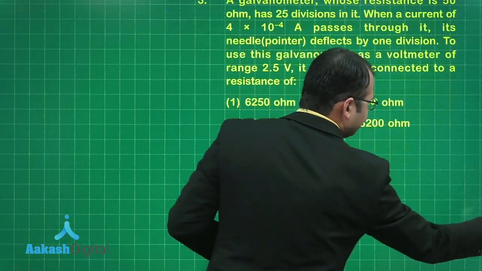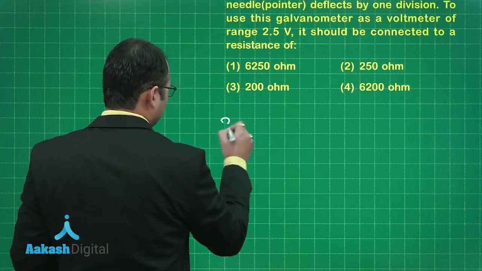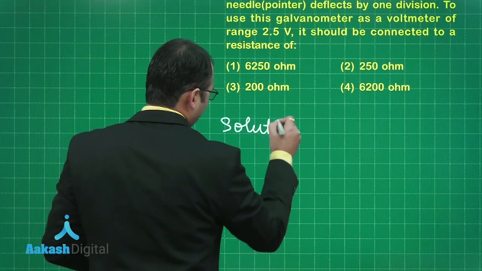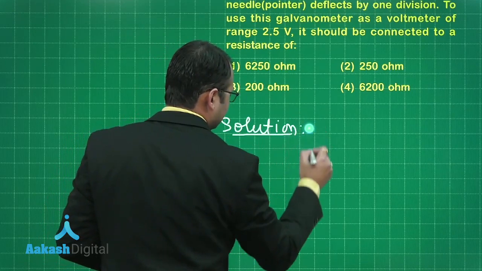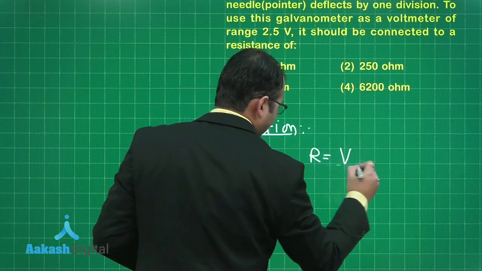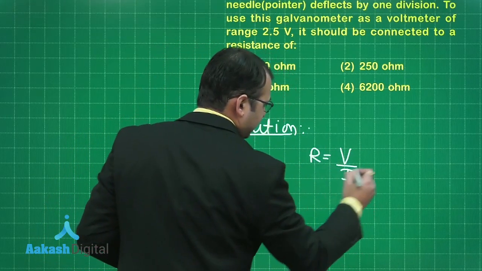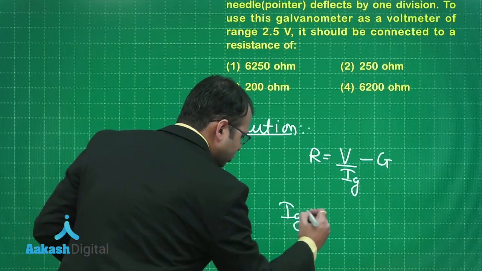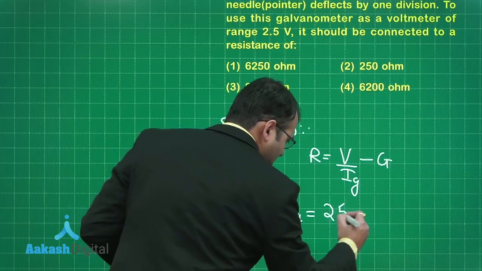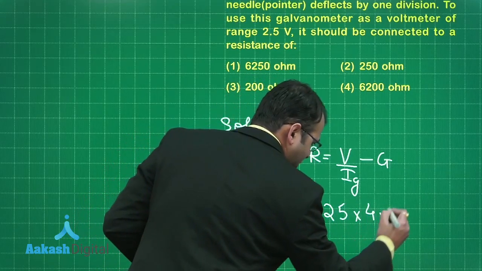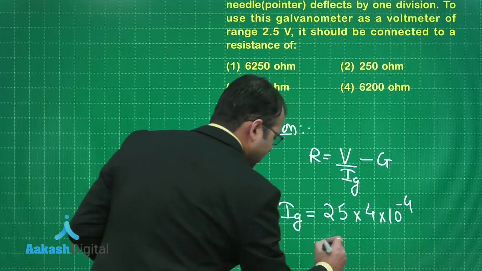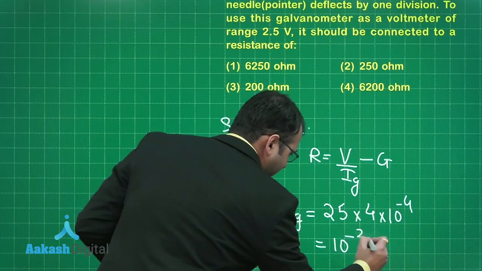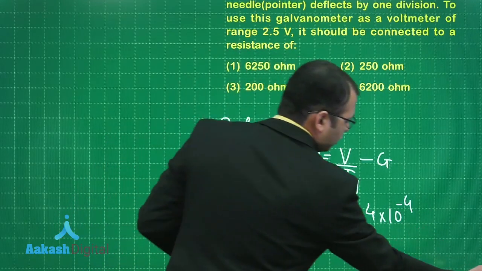For this, it's a very simple formula. Let's start with the solution. What we need here, friends, is R, which is simply given by V by Ig, that is the galvanometer current, minus G. This galvanometer current will be the current which produces full scale deflection. So this is 25 into 4 into 10 to the power minus 4, which is simply 10 to the power minus 2 ampere. What is the value of G given?